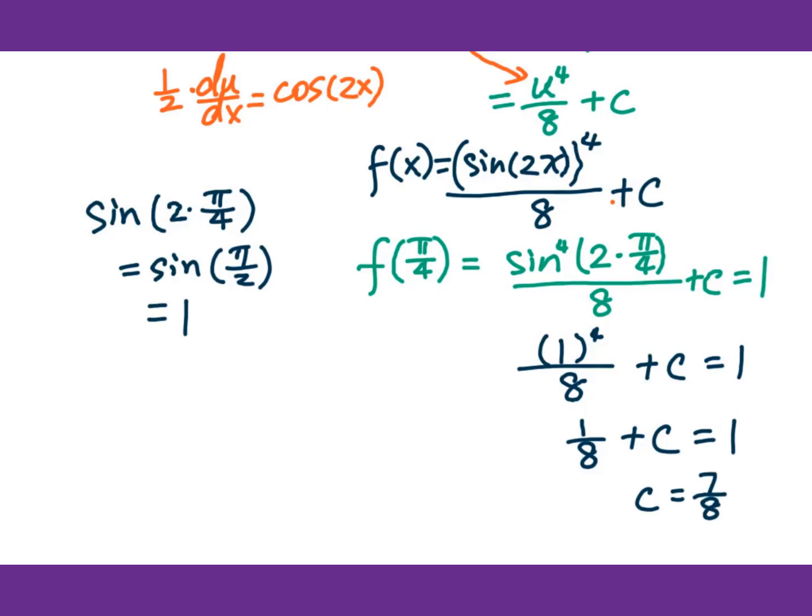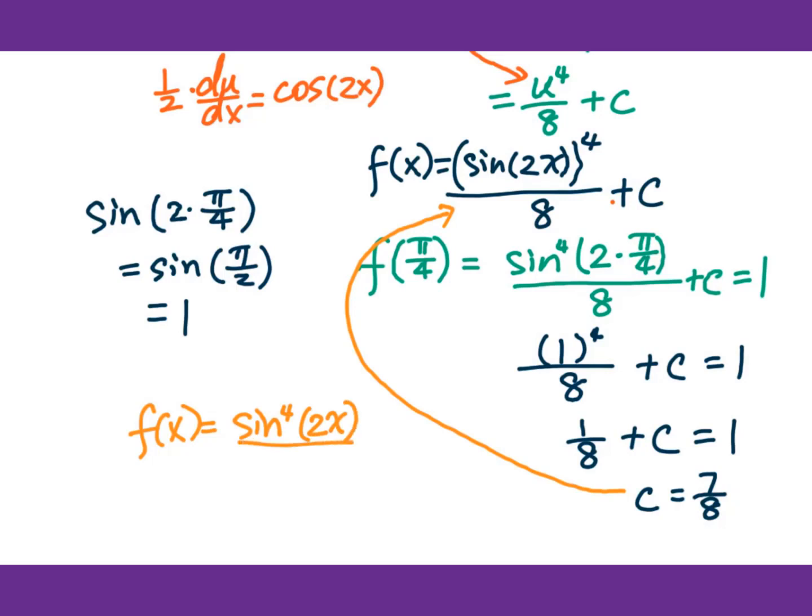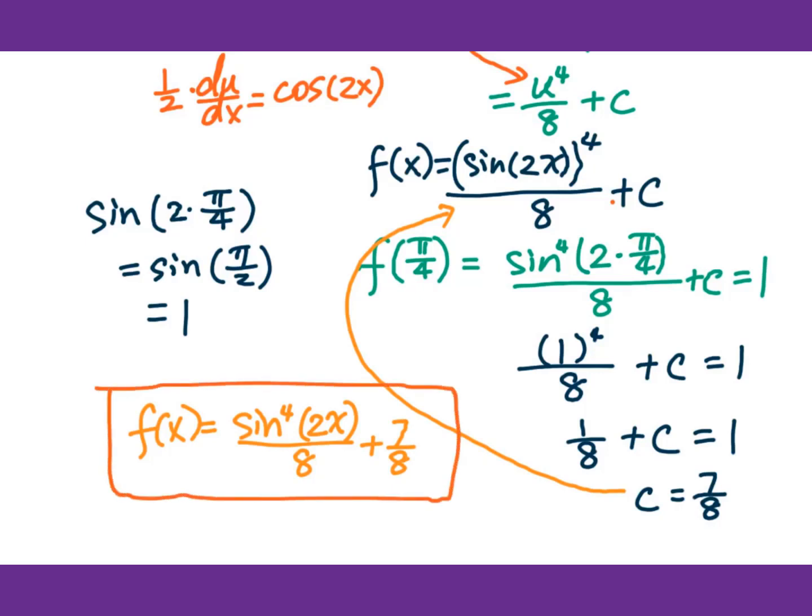Now we plug back in here. You will get f of x equals sine fourth power 2x over 8 plus 7 over 8. This will be the function for f of x.